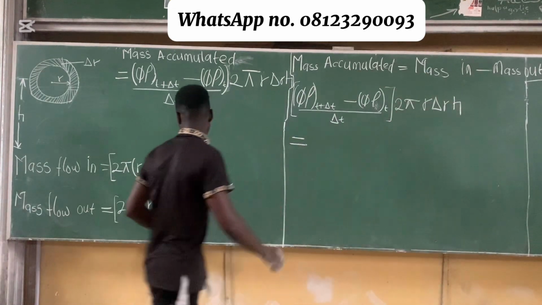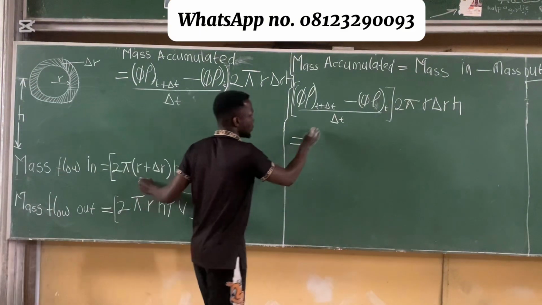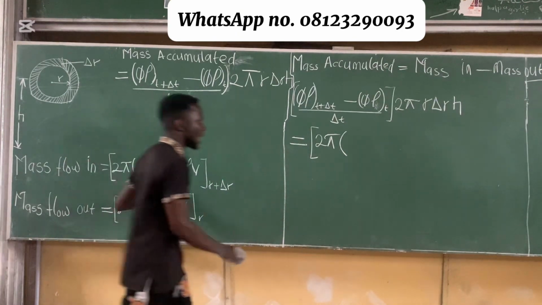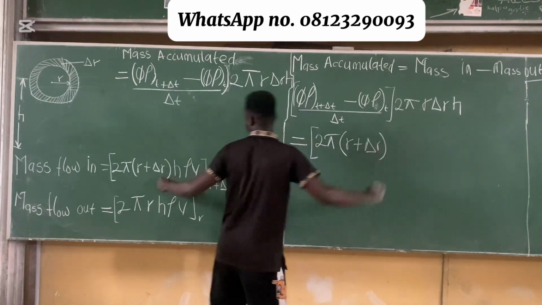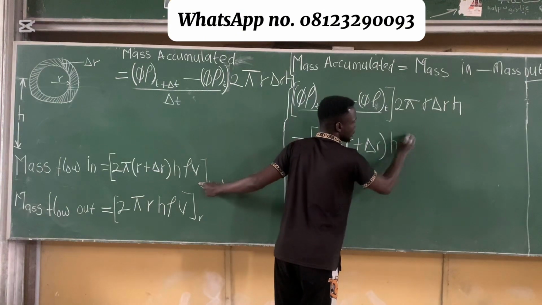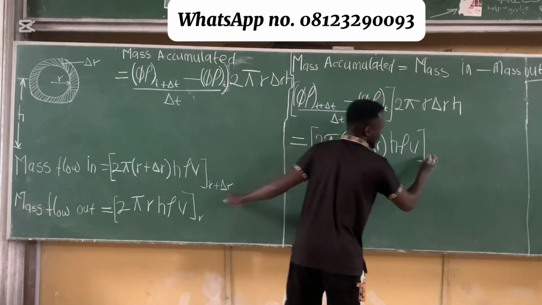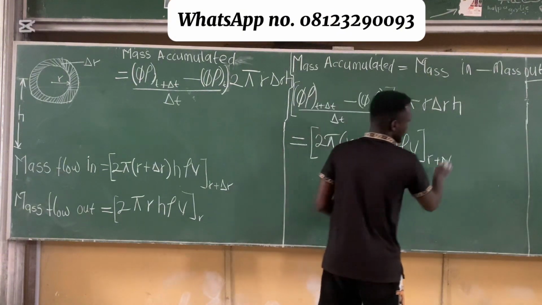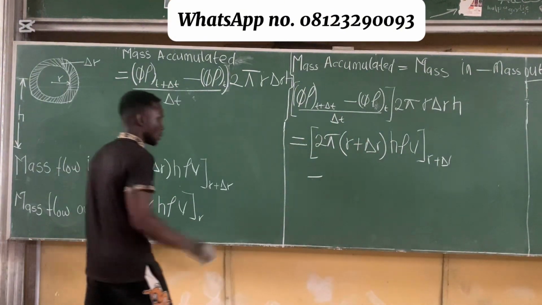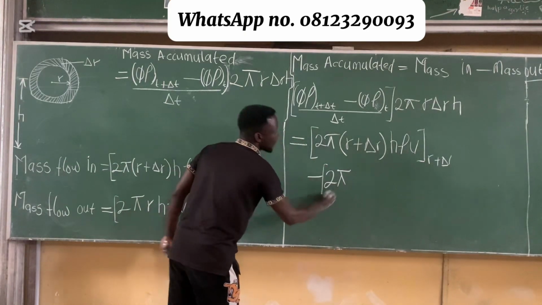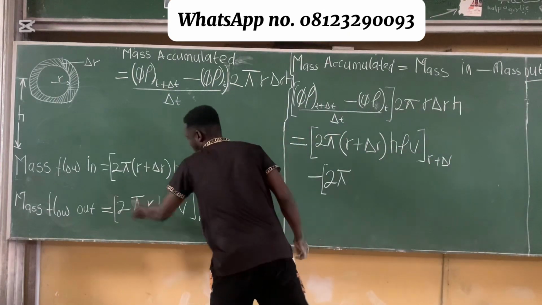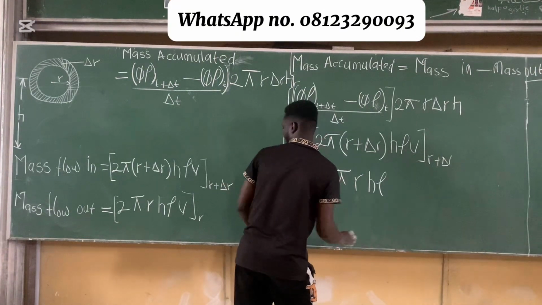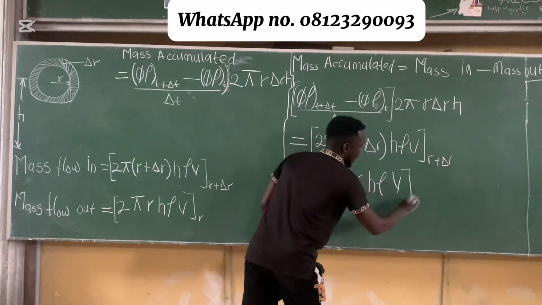So this mass accumulated is equal to our mass flow in. What is our mass flow in? We said our mass flow in is this equation, so it will be equal to 2 pi (r plus delta r) h rho v at r plus delta r. Then minus the mass flow out, which is 2 pi r h rho v at r.